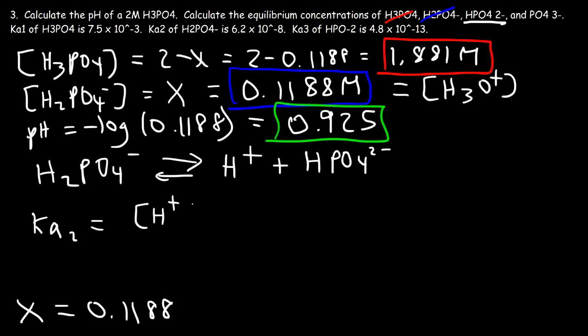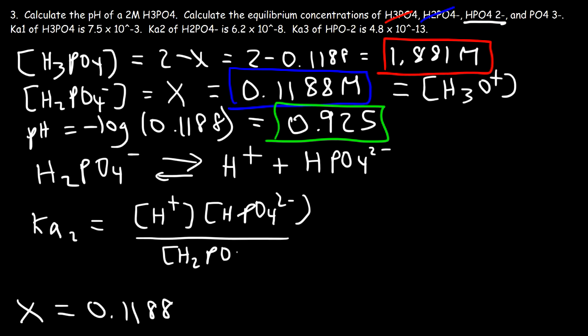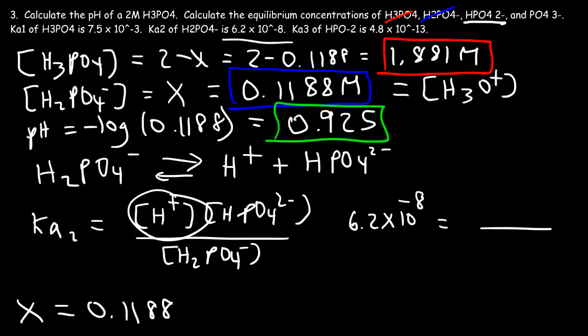It's going to be H plus times HPO4 2 minus divided by H2PO4 minus. Now we have the value of Ka2. It's 6.2 times 10 to the minus 8. And the concentration of H plus is this number, 0.1188.